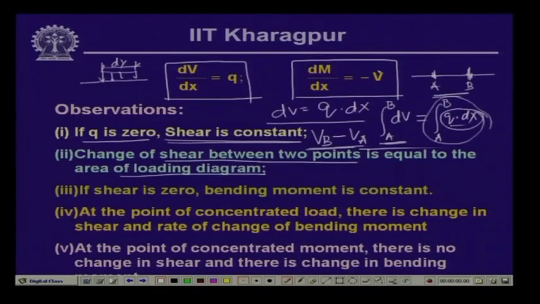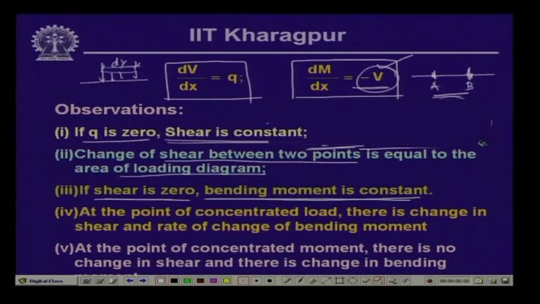Now, from this particular expression dM/dx equals minus V, if shear force is equal to 0, then bending moment is constant, and this is what we have observed right now. Now, if we would like to calculate the change in bending moment between these 2 points B and A, as we have done for the shear force, then what do we get?